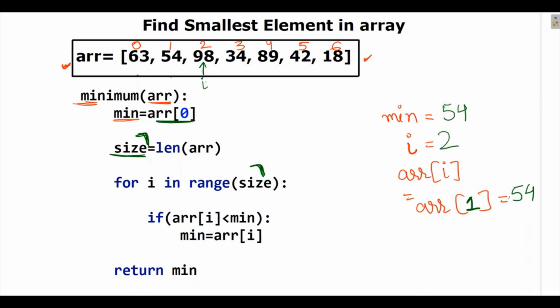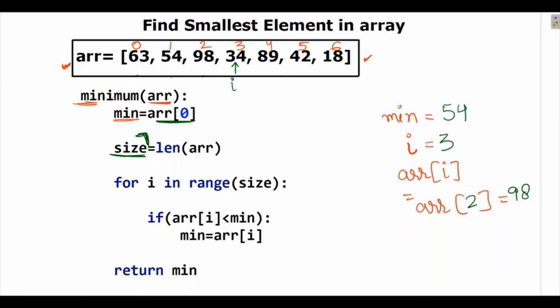Now I will point to second index 2, which is 98. Now we will compare 98 value with min element, which is 54. So is 98 smaller than 54? No. So again it will go to for loop, and I will point to third index.